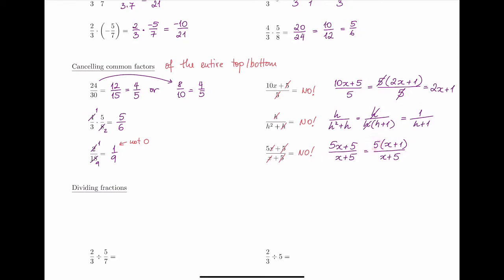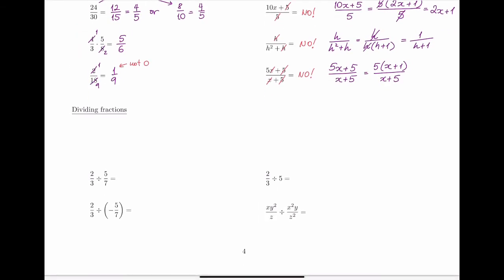This 5 is a factor on the top, but there is no factor of 5 on the bottom, and I cannot cancel these two 5s because this 5 is not a factor. So in fact, in this case, there's nothing else I can do to simplify this any further. This is as simplified as this expression is going to get, okay? So sometimes things don't cancel out. Do not start canceling them out just because you feel like there's some arithmetic that needs to be done.